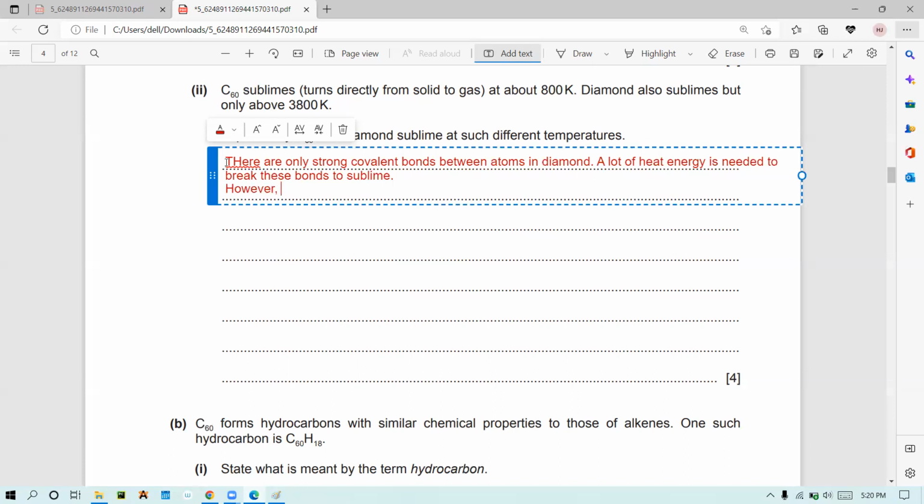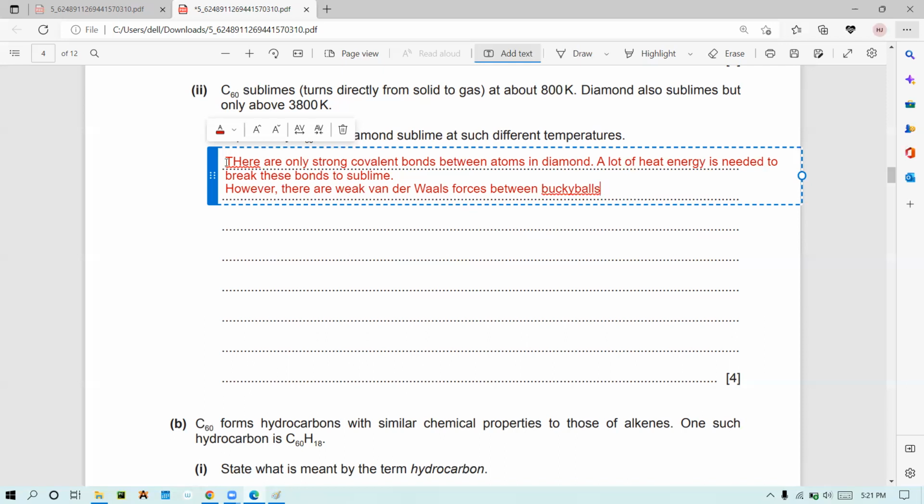However, there are weak van der Waals forces between buckyballs.